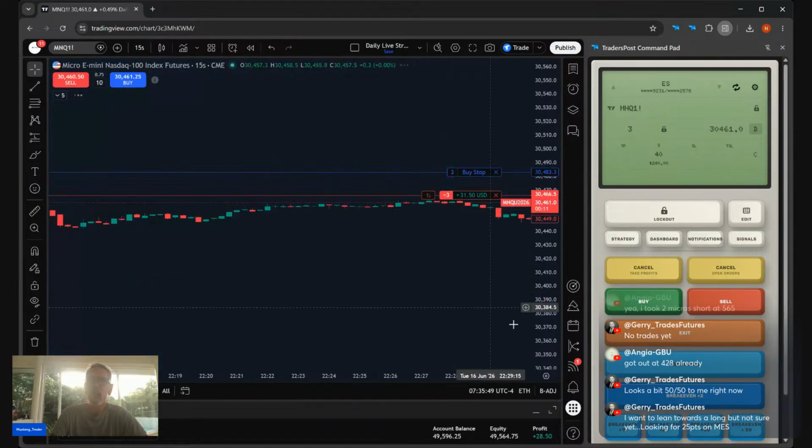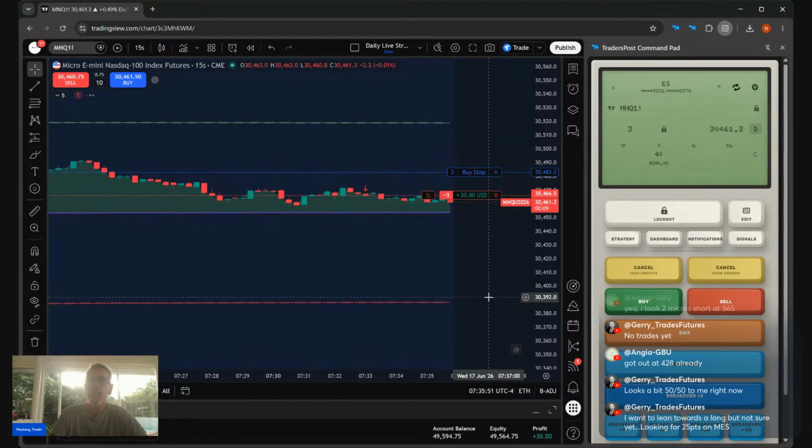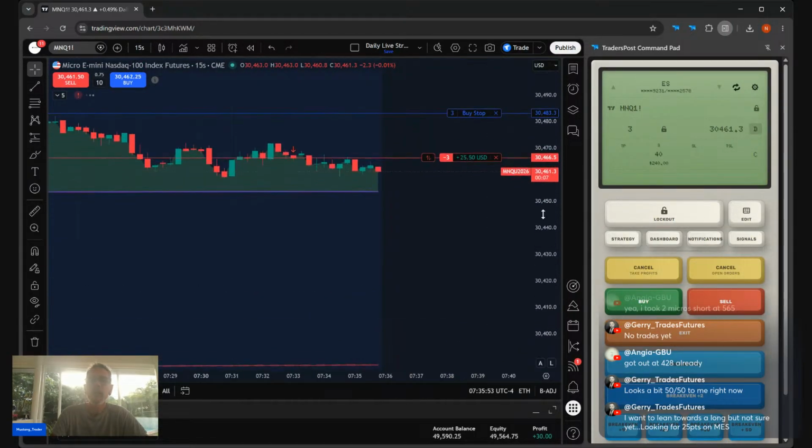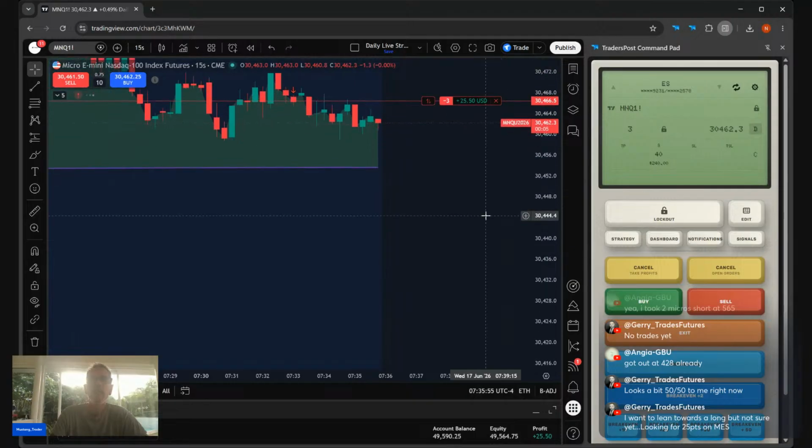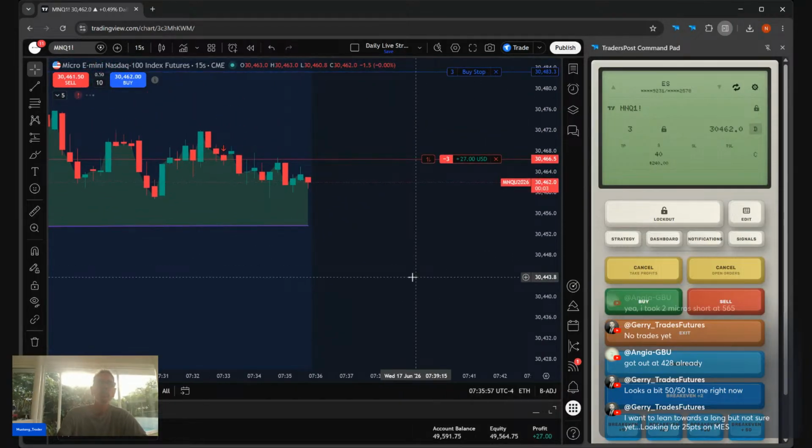I was looking at a 15-second chart today. When it's choppy, it seems to work all right. I wouldn't want to try this when there's any large amount of movement going on.